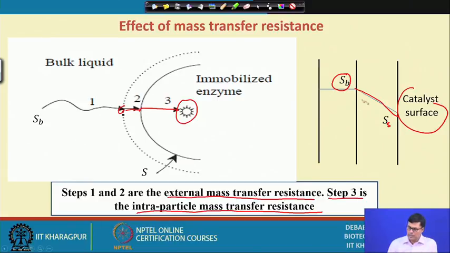So, this is the gradient that we have. This concentration is in all cases less than the bulk substrate concentration. And what is the gradient here? SB minus SS, or S, that we have here. Here we have considered the substrate concentration at the surface as S.